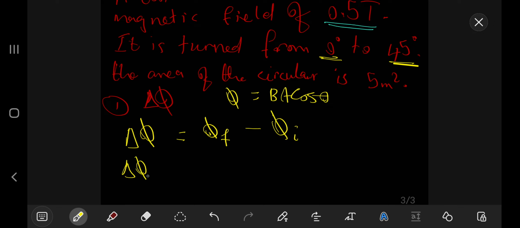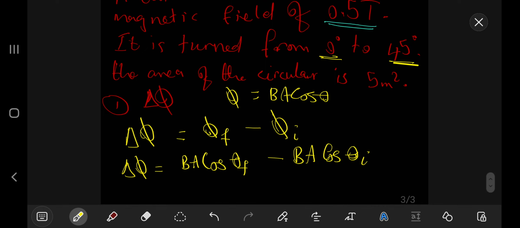So the change in magnetic flux linkage is equal to B area cos theta final, okay, minus BA cos theta initial, okay?